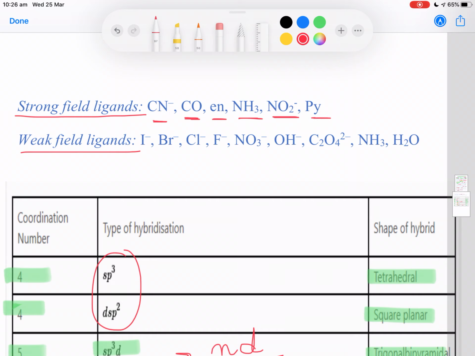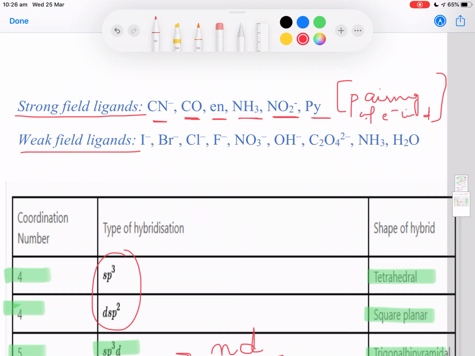All are strong field. They are strong enough and will enforce pairing of electrons in the d orbital, whether n-1 d or nd. Likewise, weak field ligands are very feeble. They can't enforce the pairing, so they are classified as weak field ligands.